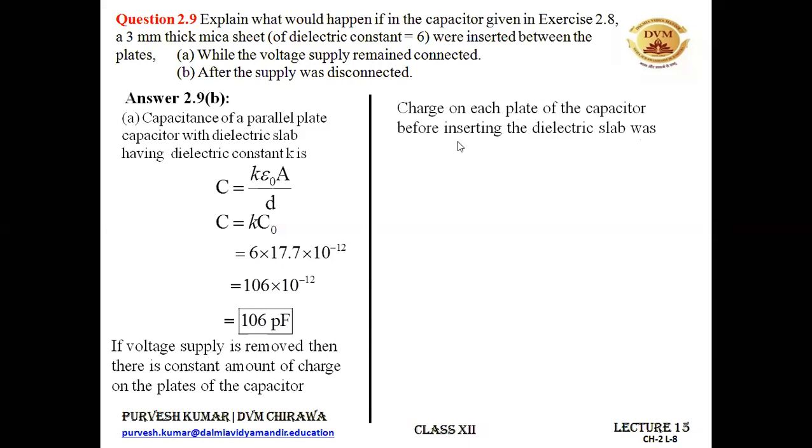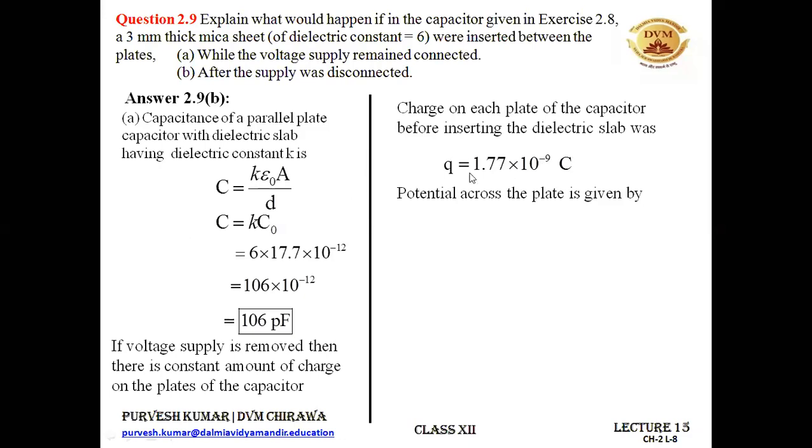So the charge on the plate of the capacitor before inserting the slab, we have calculated it, that is 1.77 nanocoulomb, from our exercise 2.8. So before inserting the dielectric slab, the charge was 1.77 into 10 to the power minus 9 coulomb, and it will remain the same. Because now when you have increased the capacity, there is no supply voltage to give the charge.